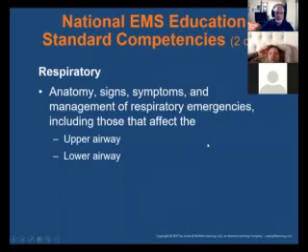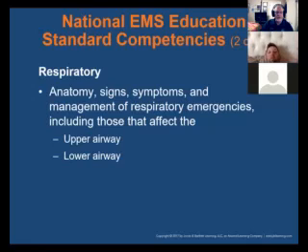Standard competencies. Let's see if there's anything in there we need to worry about. Anatomy, signs, symptoms, and management of respiratory emergencies, including those that affect the upper airway and the lower airway. Did they leave anything out? No, that's our two divisions. Remember that the vocal cords are in the larynx.